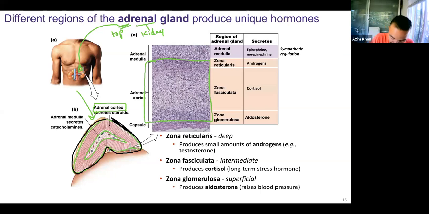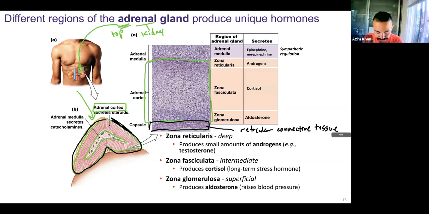The capsule is not glandular, it's connective tissue. This, and actually spread throughout the organ, if you recall, is that connective tissue proper that's tough yet supportive, provides a good framework. It's reticular connective tissue. So that's a capsule, that's the very outside.